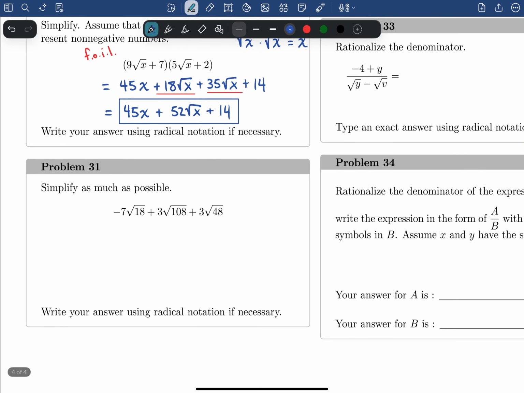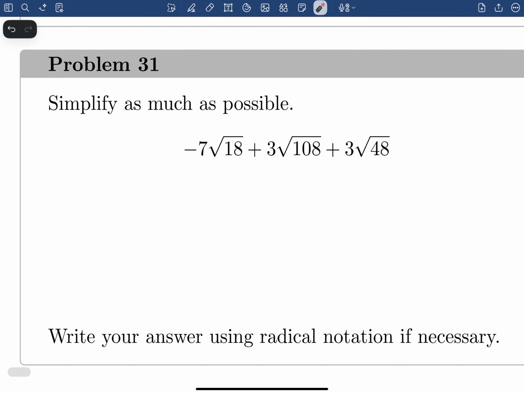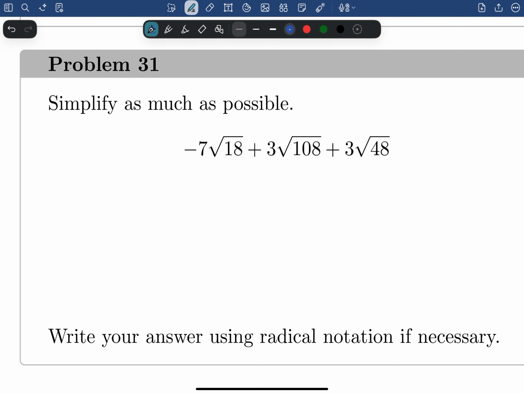Let's move on to problem number 31. And it says simplify as much as possible. Negative 7 root 18 plus 3 root 108 plus 3 root 48. And to simplify, we're going to use the product property of radicals, splitting each of these radicals into 2 separate radicals in each case. So let me set it up for success.